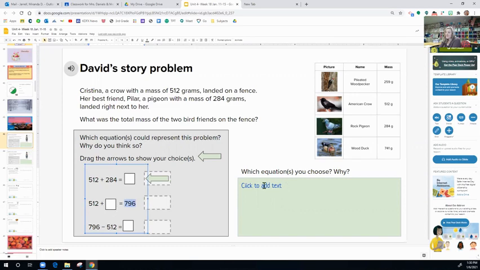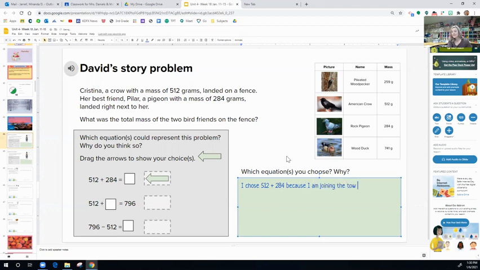Okay. So which equations did you choose and why? You can use the voice to type, or you can write this out in your workbook page. I chose 512 plus 284 because I am joining two amounts together.